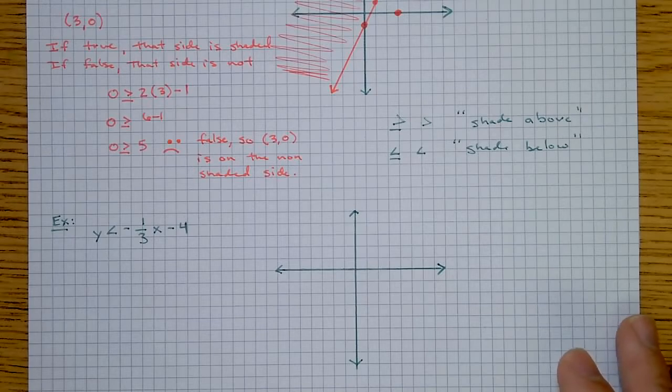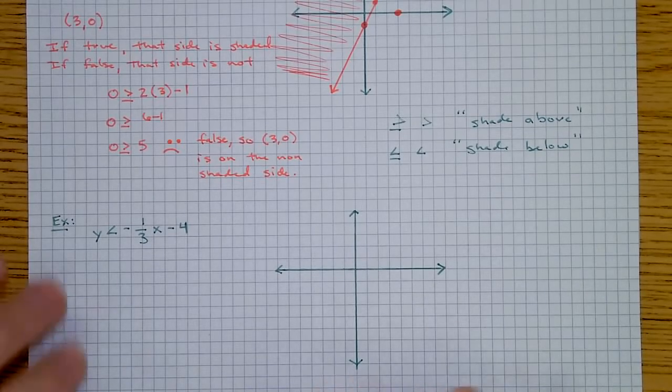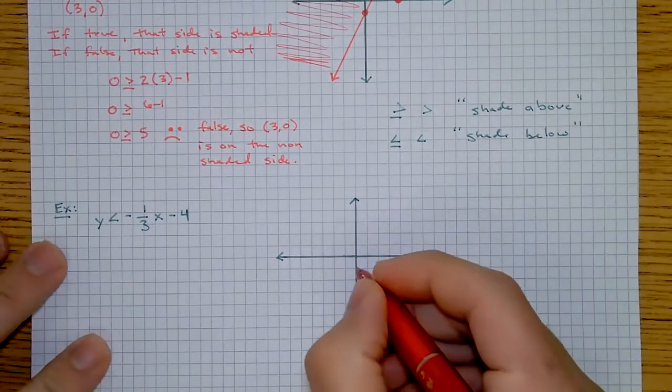We can take a look at another example here. Y is less than negative 1/3 x minus 4. We start with our y-intercept, in this case, negative 4.